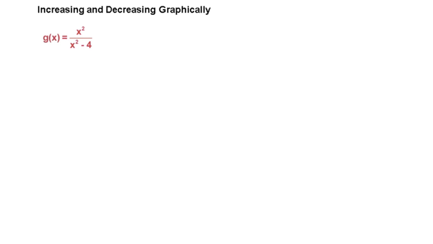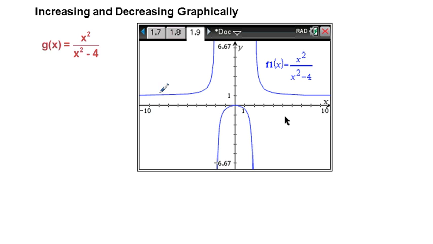Next, we have this next function, g of x equals x squared over x squared minus 4. And this is what the graph of that function looks like. Again, we evaluate in a left to right direction.